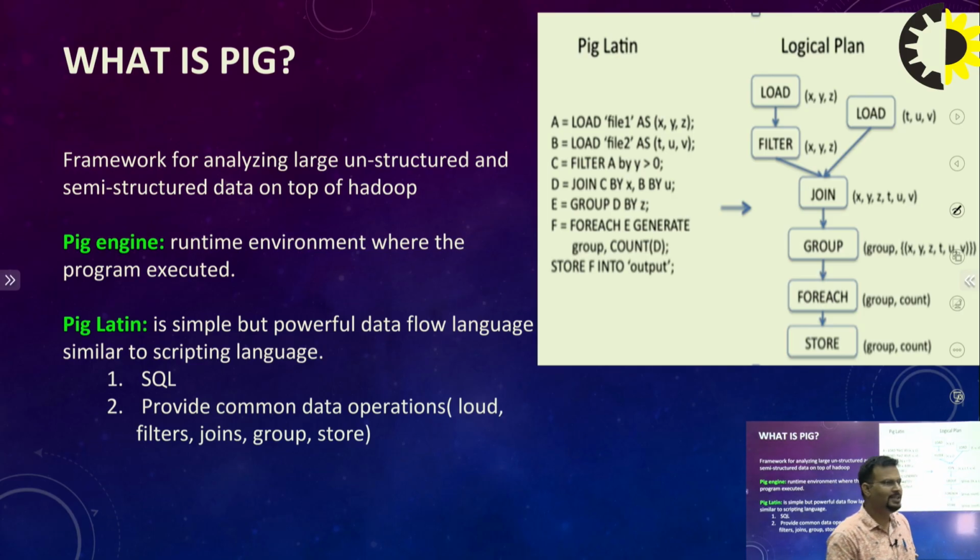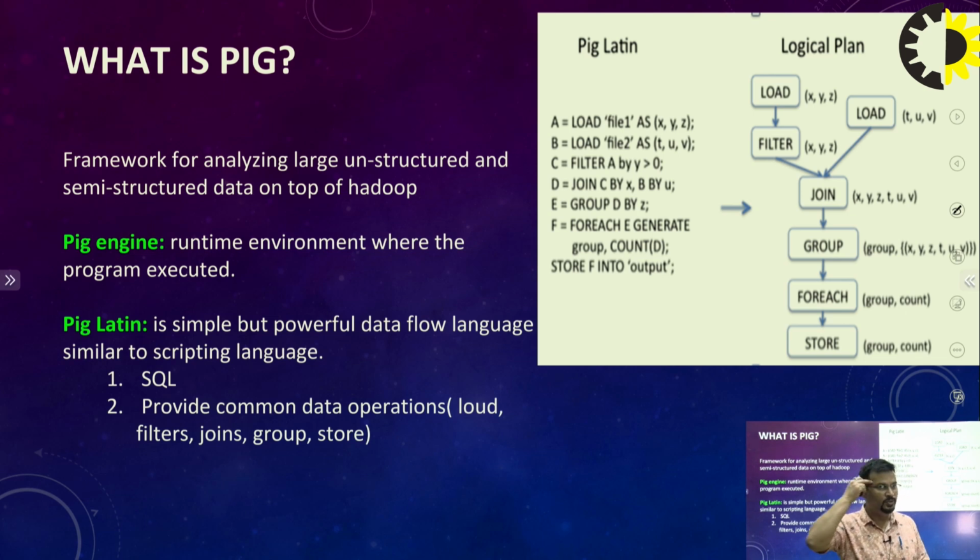The PIG engine provides a runtime environment where the program is executed. Next, PIG Latin is a simple but powerful data flow language similar to a scripting language. It is SQL-like and provides common data operations like load, filter, join, group and store.